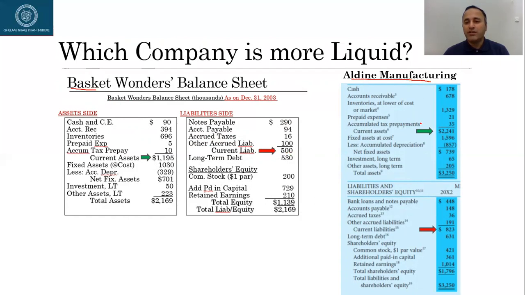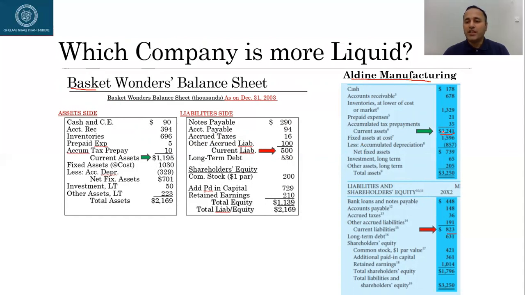Aldine Manufacturing, on the other hand, has current assets of $2,241, and they need to pay in the next 1 year $823. So if I ask you which company is more liquid, of course, we cannot simply compare the absolute numbers. And as I told you, absolute numbers are misleading.